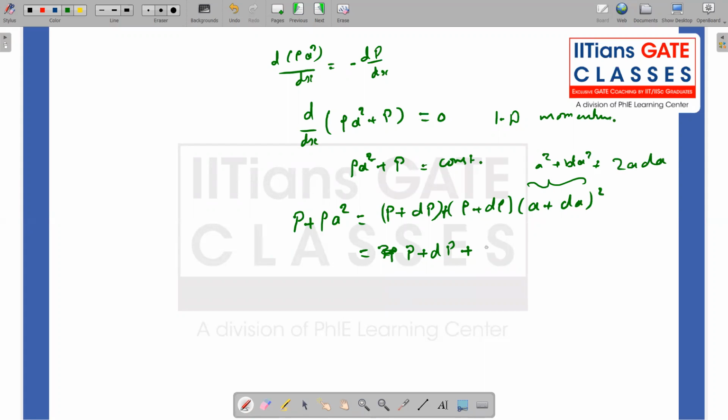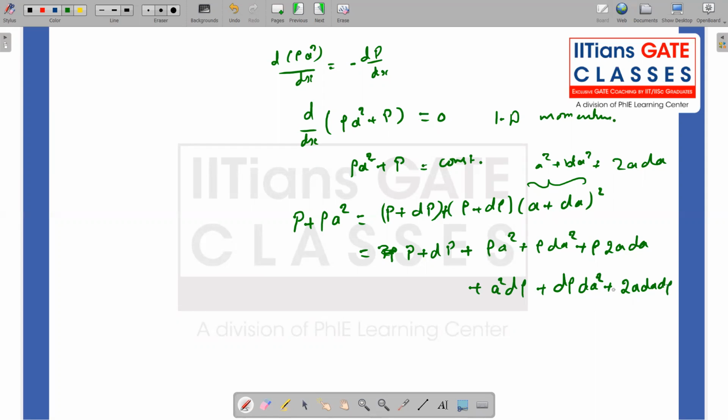So that is rho times a square plus rho times dA square plus rho times 2ADA, plus d rho times a square, that is a square d rho, plus d rho times dA square, again d rho times 2ADA, so that is 2ADA d rho, right?